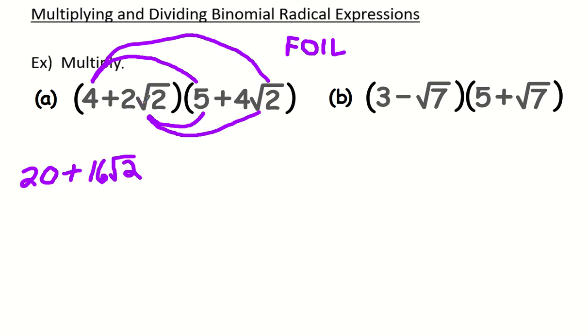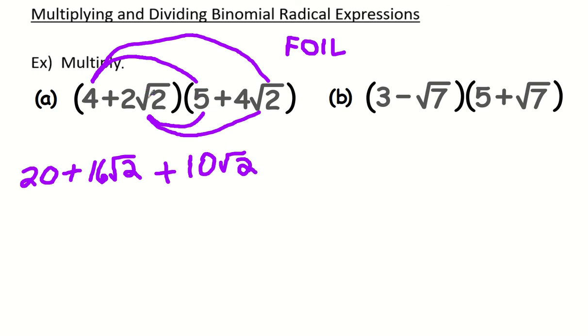And then now we're going to distribute this 2 root 2. So 2 root 2 times 5. Likewise, we can do this 2 times the 5, and then the root 2 is attached along for the ride, okay? So plus 10 root 2.